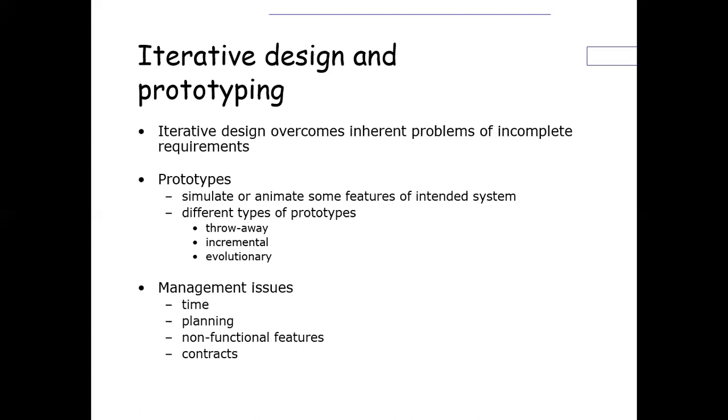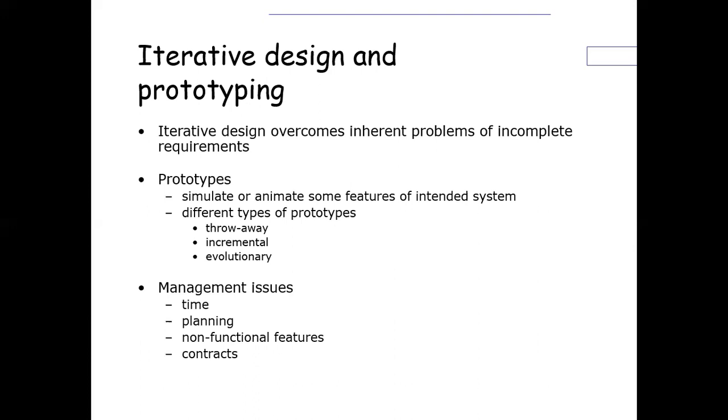The final product is then released as a series of products, each subsequent release including one more component. And the last one is the evolutionary prototype. This type of prototype is not discarded and serves as the basis for the next iteration of the design. In this case, the actual system is seen evolving from very limited initial versions to its final release.